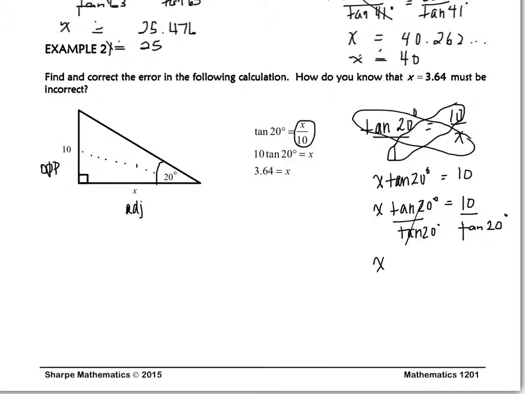And that will give you x is approximately 27.474, so approximately, rounding to 2 decimal places, it would be 27.47.